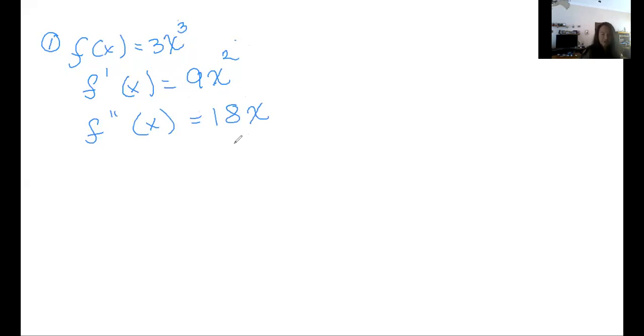Why is this important? Well, when we're talking about rates of change, or we have a position function, instead of doing all the math to find the velocity and the acceleration, if you just take the derivative of that position function, you're going to get the velocity.